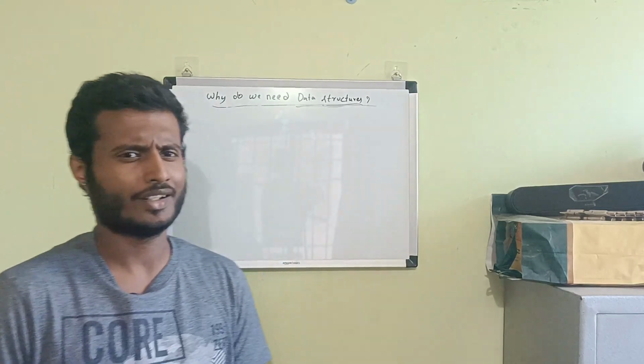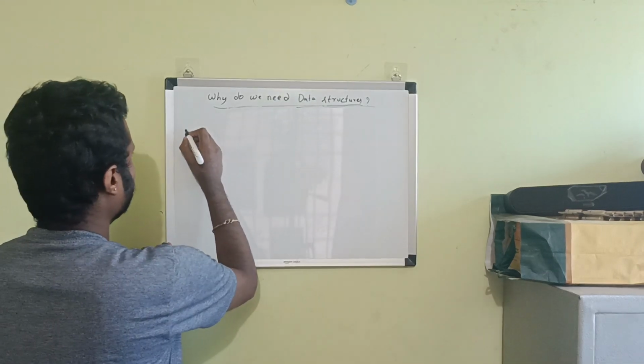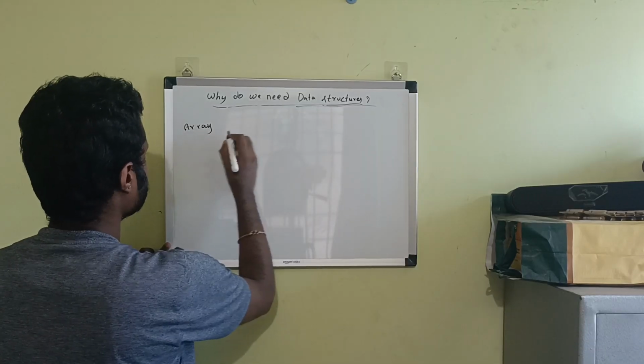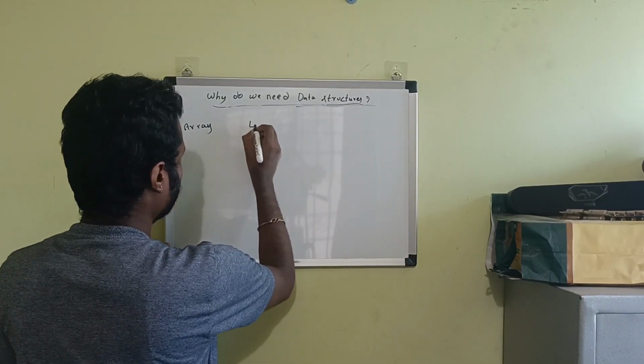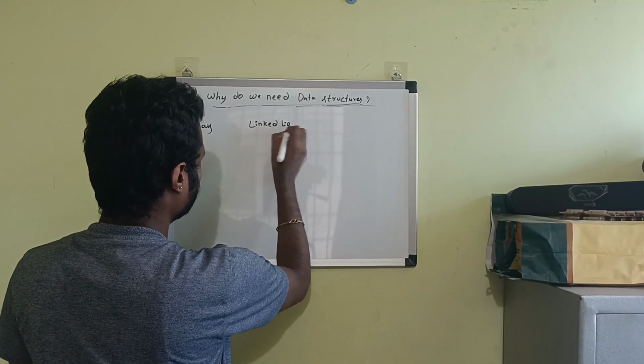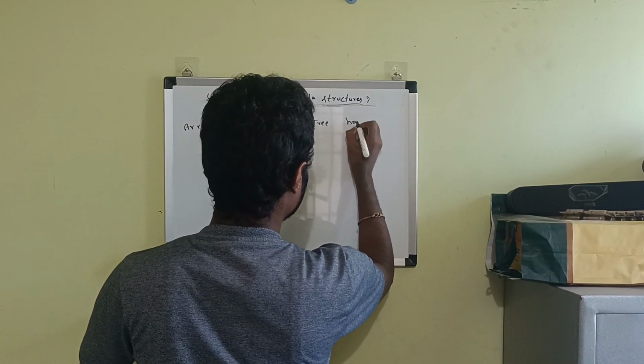But there are so many data structures out there, right? Mainly, you must have heard about array, linked list, tree, hash table.